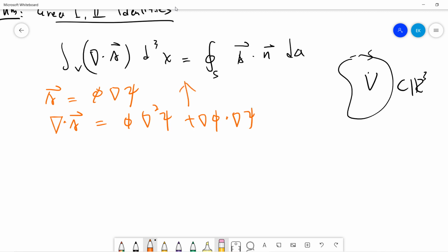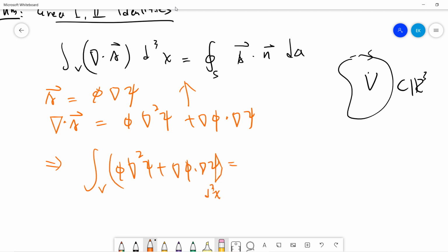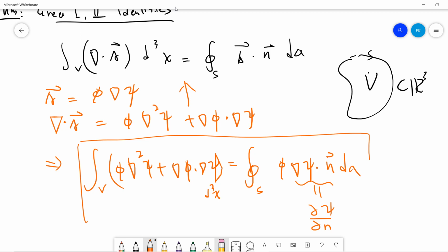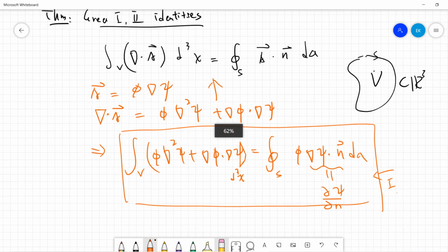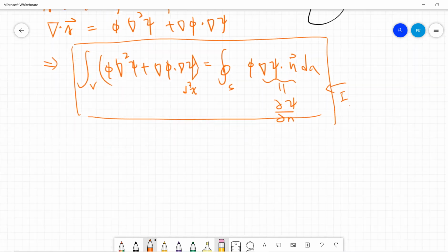If I plug in, I get the volume integral of this, and the surface integral of phi grad psi dot n dA. Usually people write this as phi partial psi partial n, which is the definition of the directional derivative. This is the so-called first Green identity, which we will use quickly.